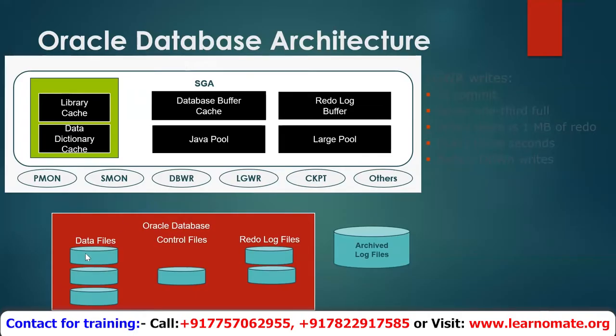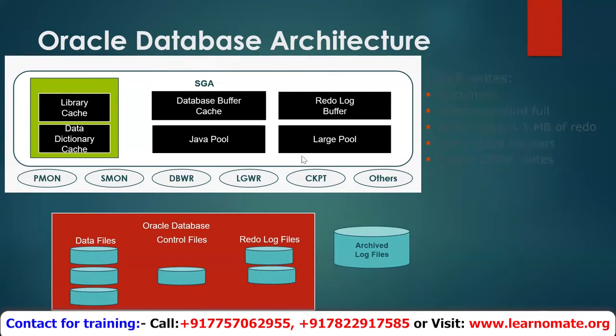That information gets written into the database buffer cache. Whenever you make changes to the buffer, it is called a dirty buffer. So dirty buffer is the changed data. Whatever changes you have made will be written here. From the database buffer cache, they will be written into the redo log buffer.